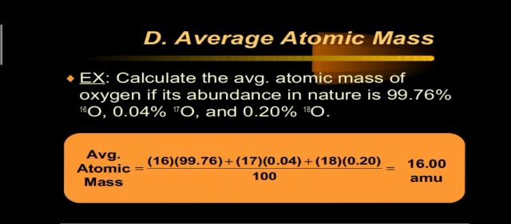For oxygen 17, we have a percentage abundance of 0.04%. And for oxygen 18, we have a percentage abundance of 0.20%. And we have total parts of 100. So we will multiply, add and divide, and get the answer, which is equal to 16 AMU.